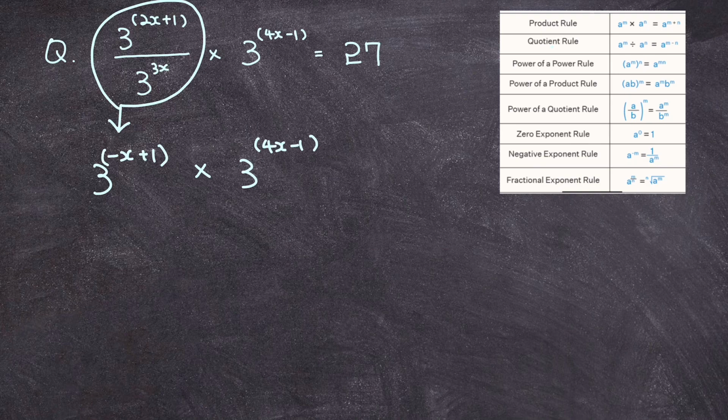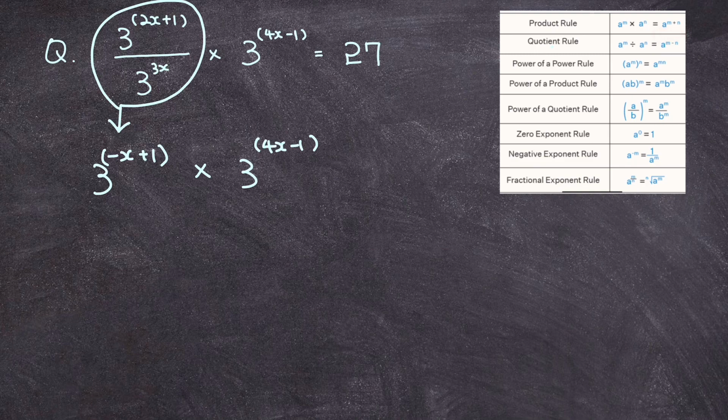Now, according to the product rule of exponents, if I multiply a raised to the power of m with a raised to the power of n, I get a raised to the power of m plus n.